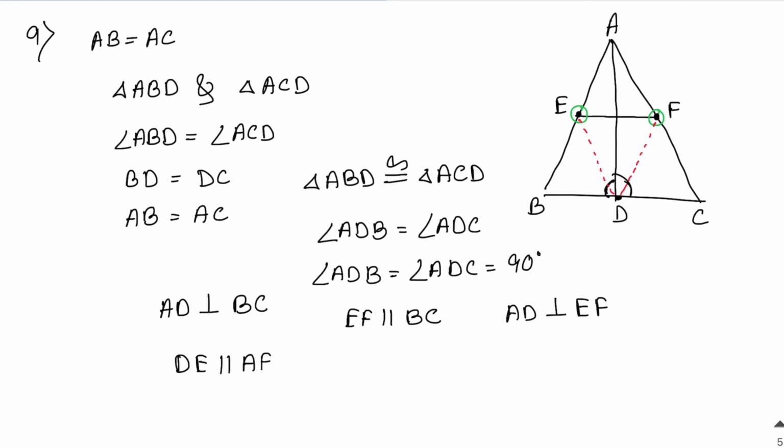And as D and F are the midpoints, you can also write down DF is parallel to AE, that means AB. So as the opposite sides are parallel, EDFA is a parallelogram. And as you know, the diagonals of a parallelogram bisect each other, EF and AD bisect each other, so it's proved.